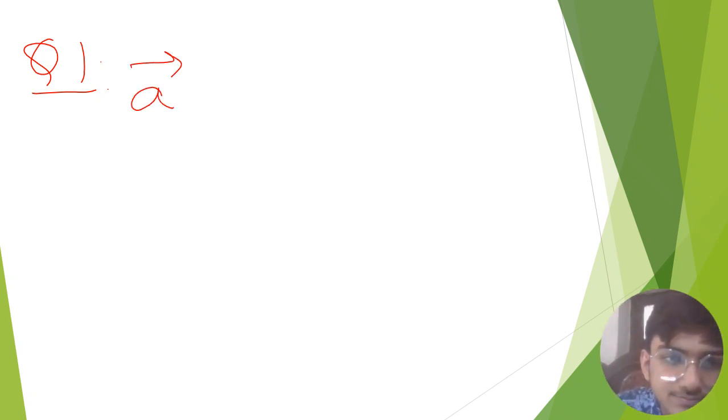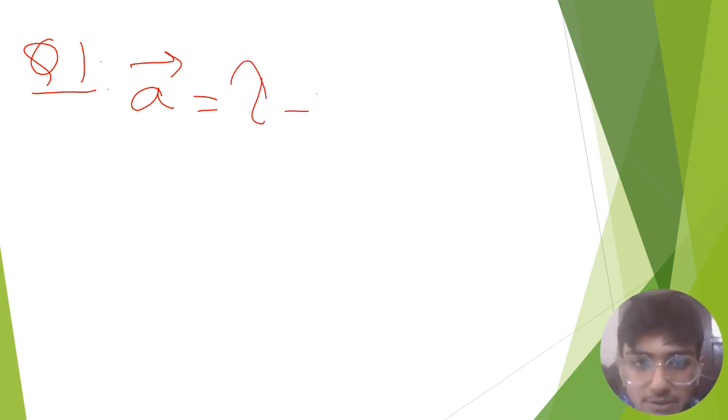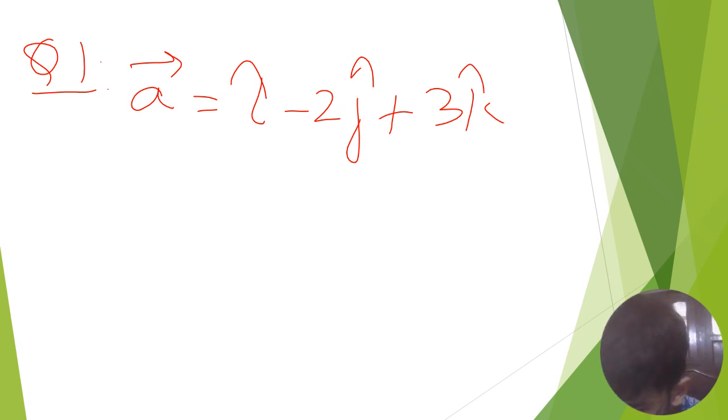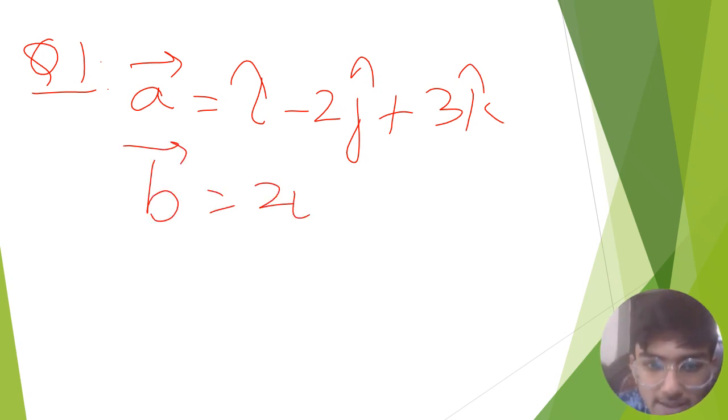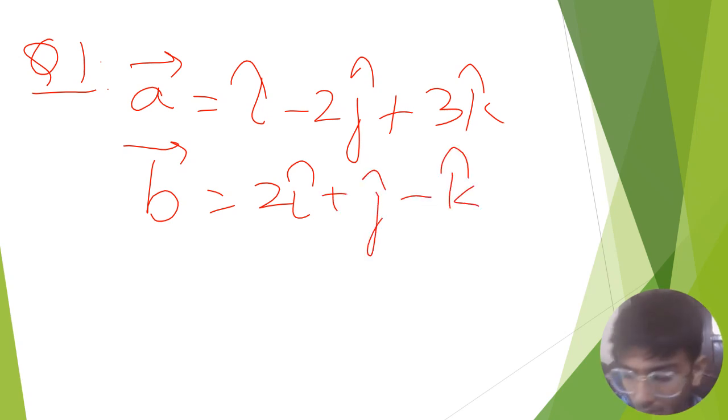It's been given that your A vector is I cap minus 2j cap plus 3k cap, and B vector is given as 2I cap plus j cap minus k cap.